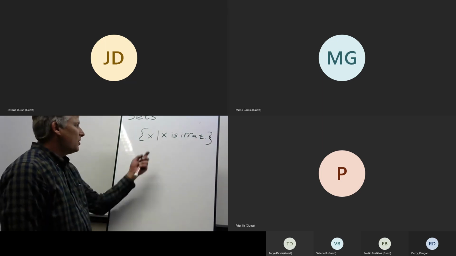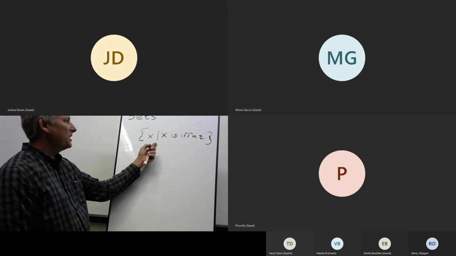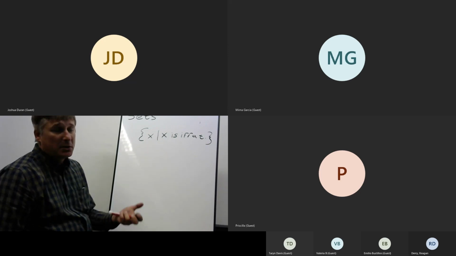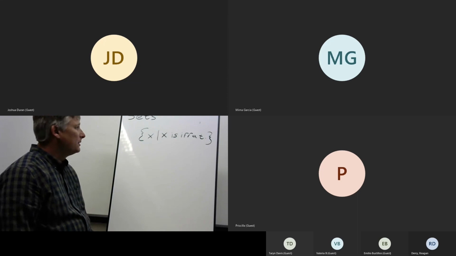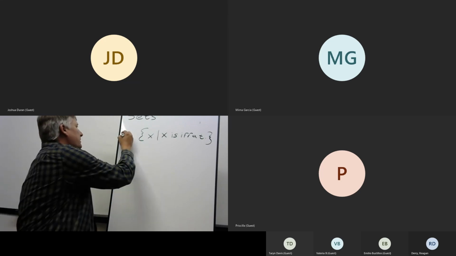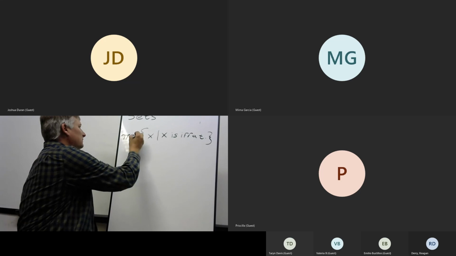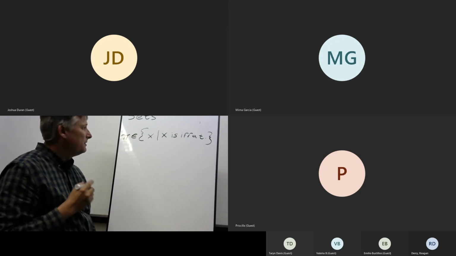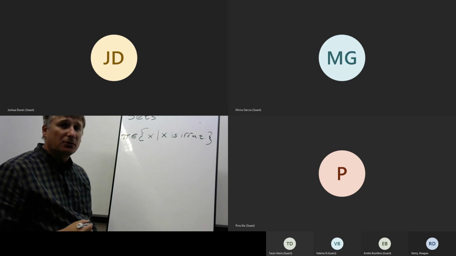So these are all the numbers x such that the number is irrational. It could be pi, it could be e, but it's all the irrational numbers. So that means pi is an element of this set, because pi is an irrational number.